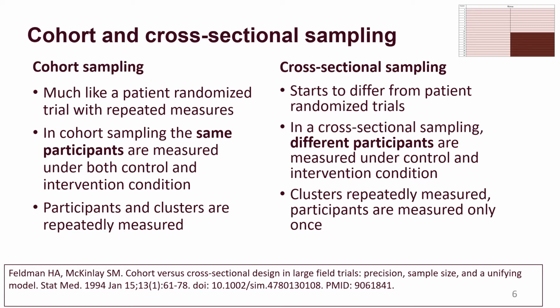And so we might say that the participants and the clusters are repeatedly measured. Whereas cross-sectional sampling differs a little bit from patient randomized trials, because in a cross-sectional sample, different participants are measured under the control and intervention condition. So whilst clusters are repeatedly measured, participants are only measured once.